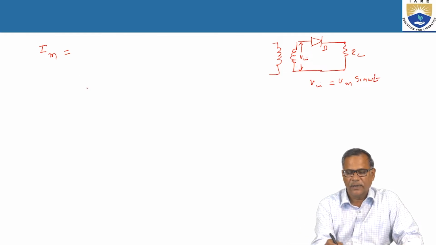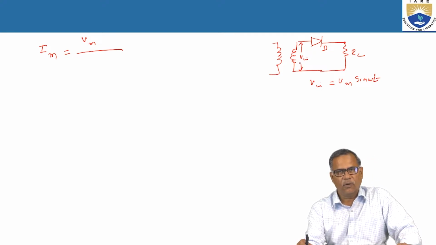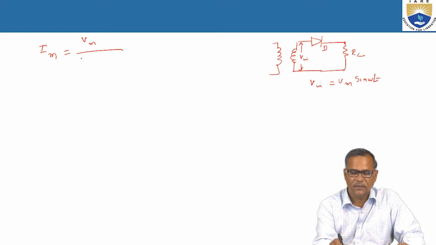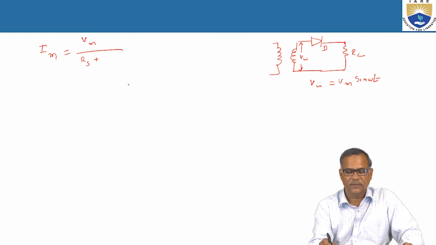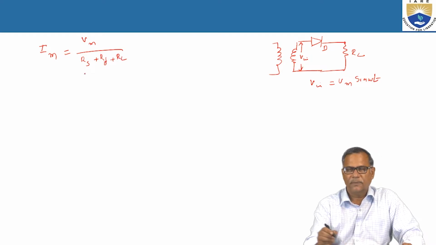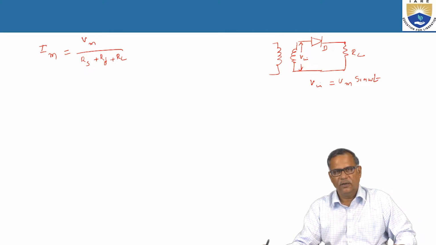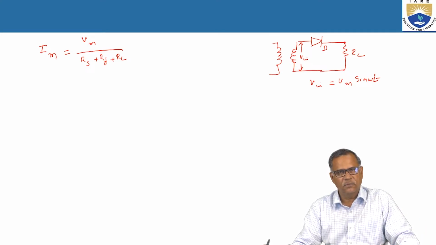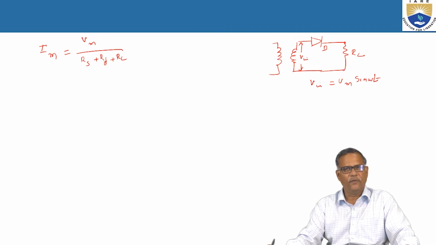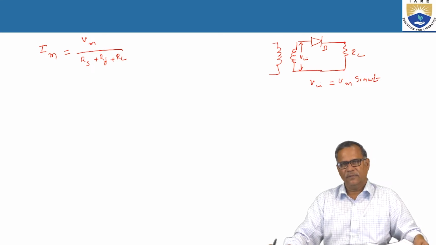Then Im is equal to Vm divided by the coil resistance, which of course is very small, Rs, plus the diode forward resistance Rf, plus RL. So this is the peak value of current we get when we apply the input sinusoidal voltage. Rs is the transformer series resistance, Rf is the diode forward resistance, and RL is the load resistance.